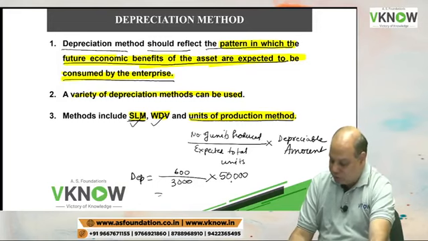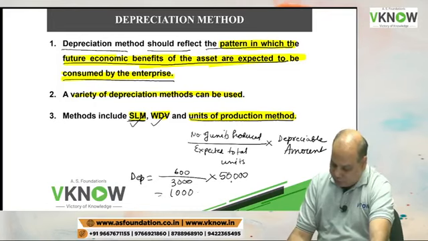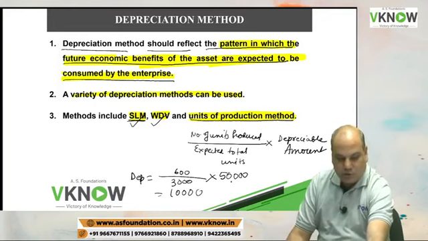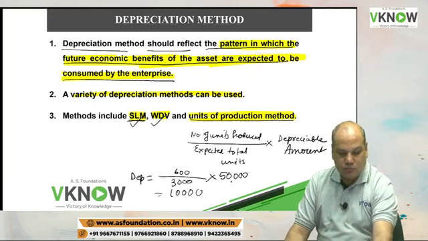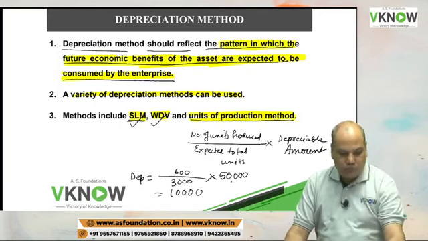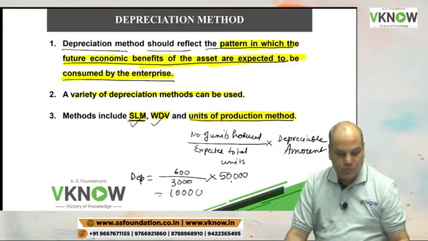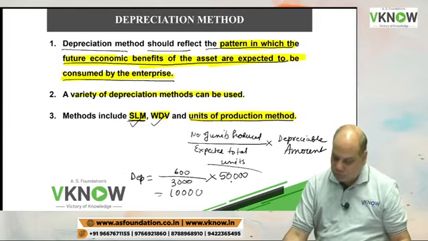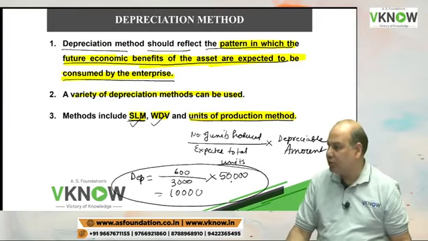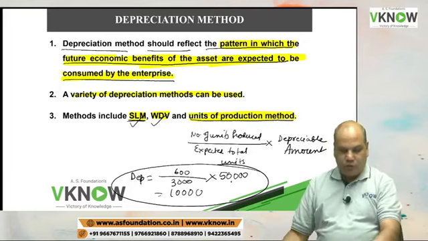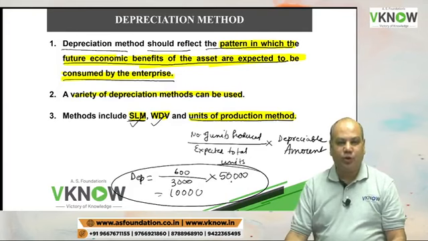So this should be 20% of 50,000, that is 10,000. This is called the unit of production method.